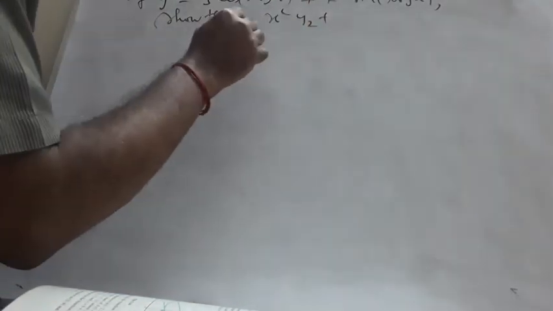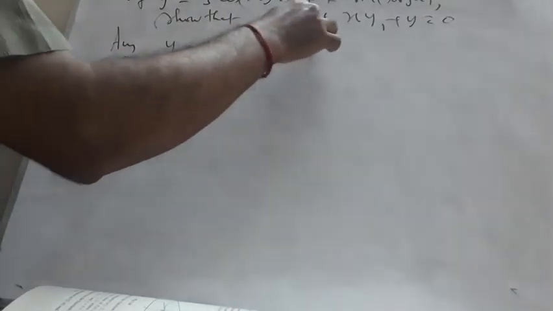If y is equal to 3 cos log x plus 4 sin log x, show that x² y2 plus x y1 plus y is equal to 0.